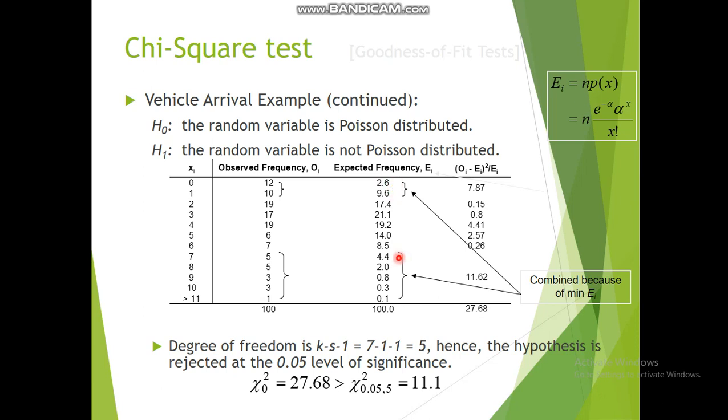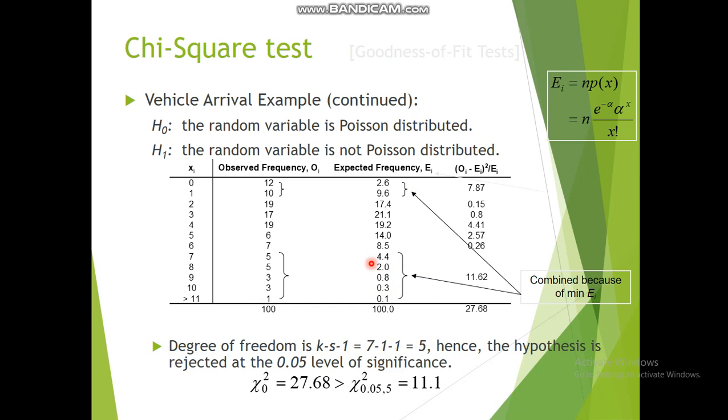So 2.6 is combined with 9.6, and you get 12.15. Similarly 4.4, 2.0, 0.8, 0.3 and 0.1 are combined, and you get around 7.49, a new value.